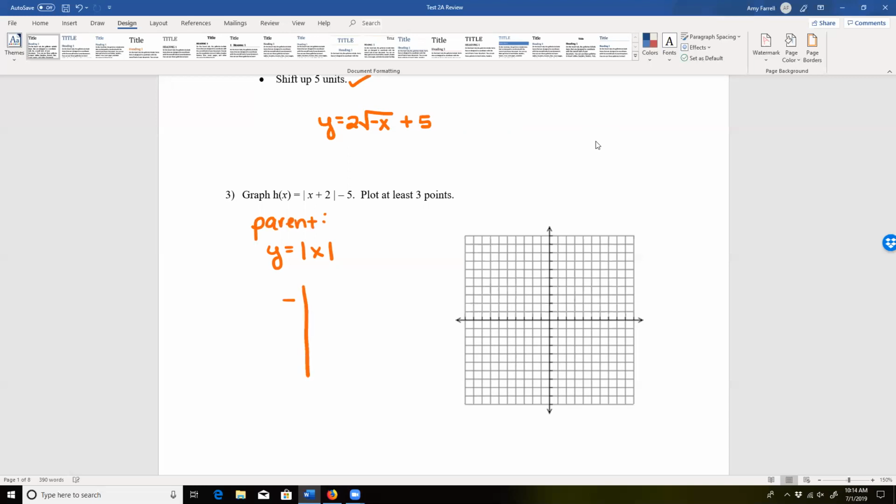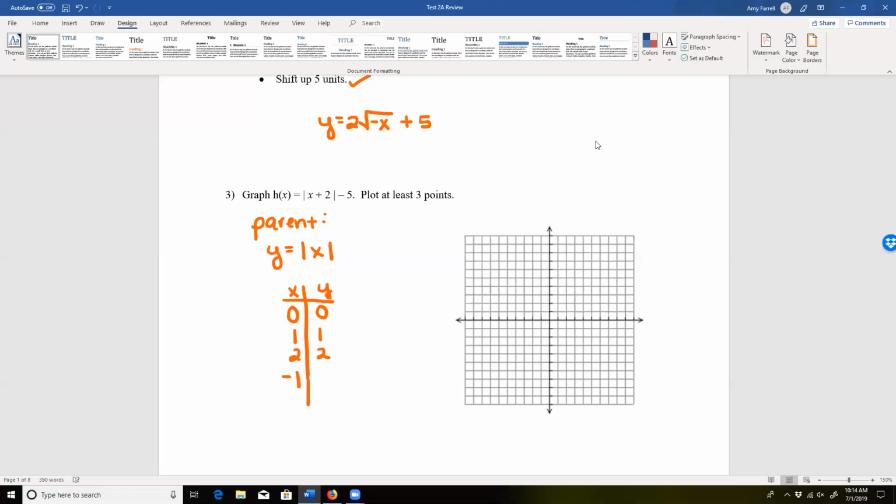And to graph the parent, I'm going to make myself a t-chart here. Now my t-chart is going to correspond to this equation, not h of x. I'm going to deal with that in just a second. So if I plug in 0 for x, I get 0 because the absolute value of 0 is 0. If I plug in 1, I get 1 because the absolute value of 1 is 1. If I plug in 2, I get 2. Now, let me plug in a couple negative numbers.